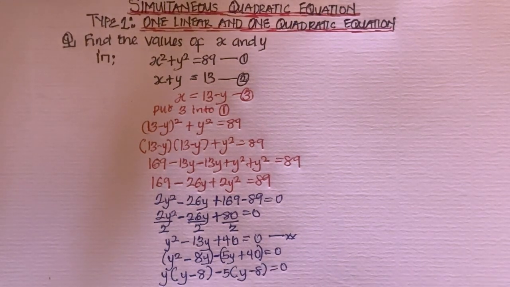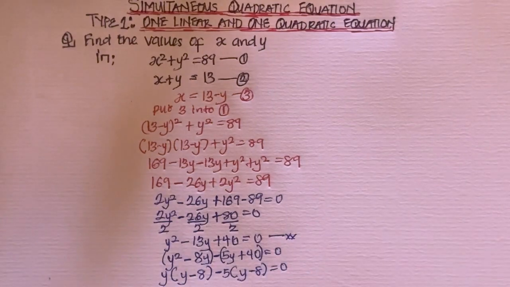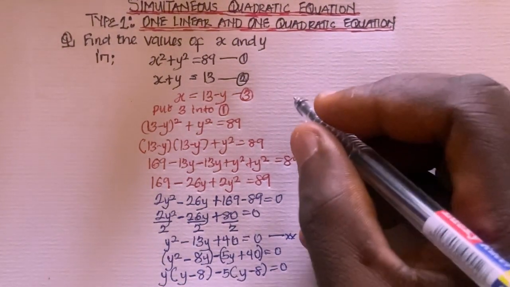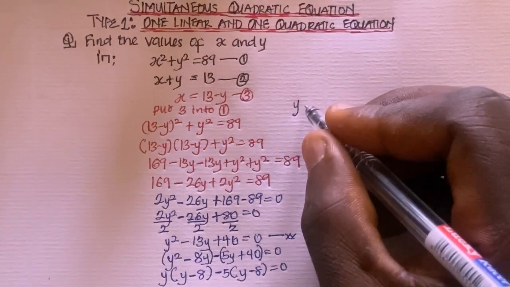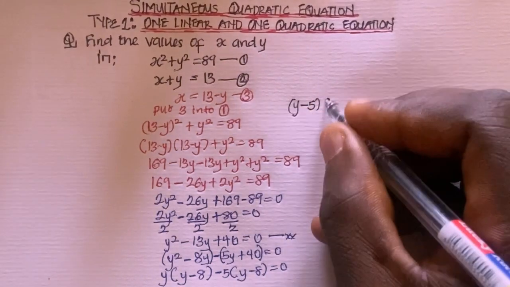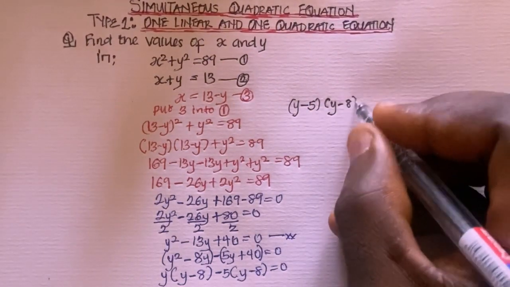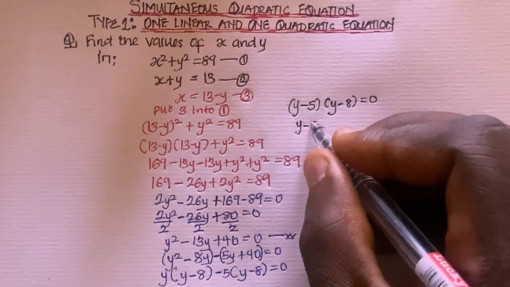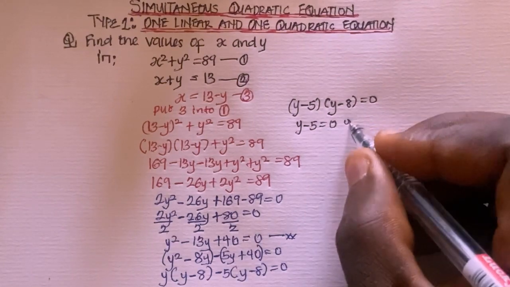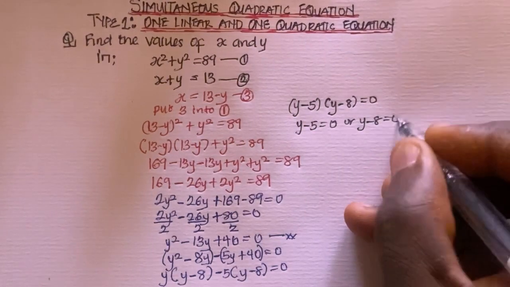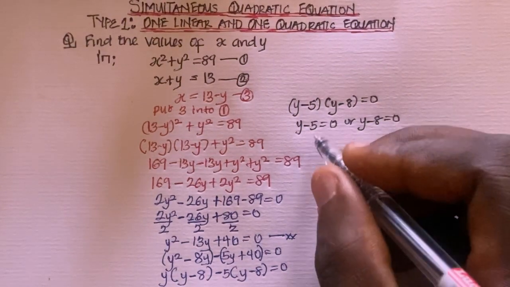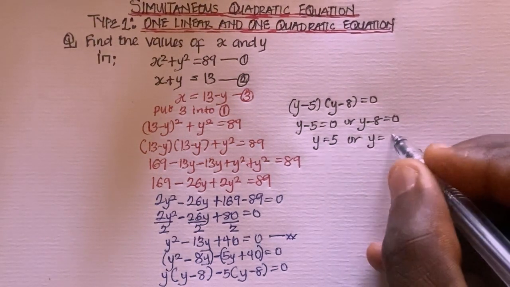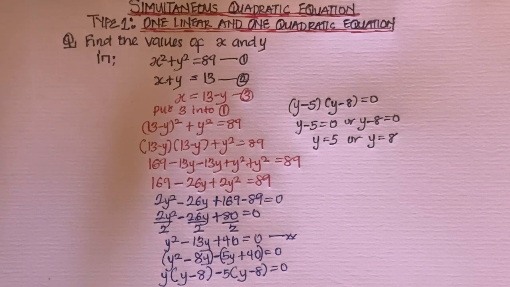So from this, I can say the expression is y minus 5 and y minus 8 equals 0. Therefore I'm going to have y minus 5 equals 0, or y minus 8 equals 0. So y equals 5, or y equals 8. So I've gotten the value of y.